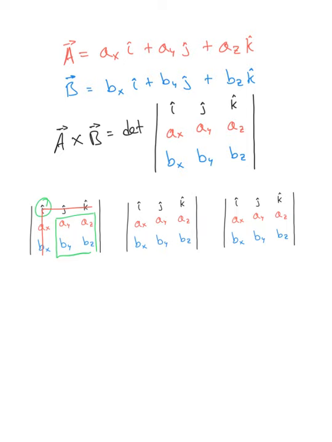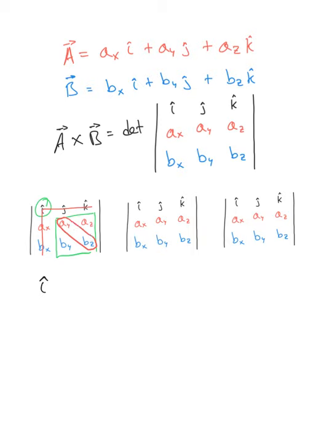So we're going to take i hat and multiply it by the determinant of this submatrix. And the way that we take the determinant of a 2x2 matrix is that we multiply the diagonal entries here.